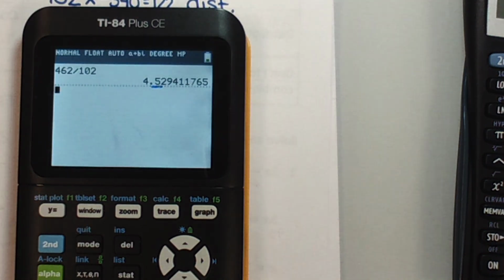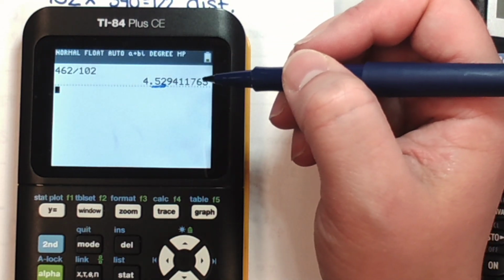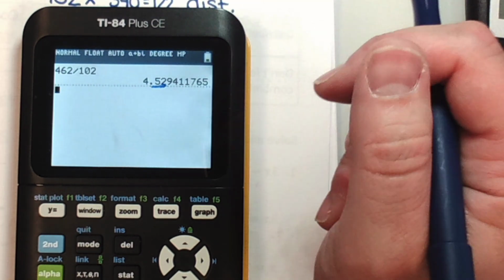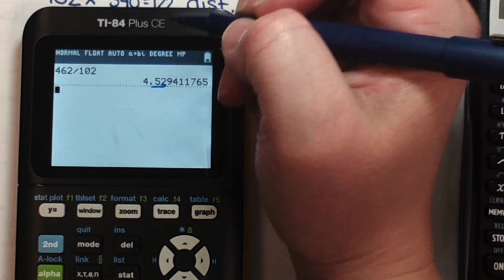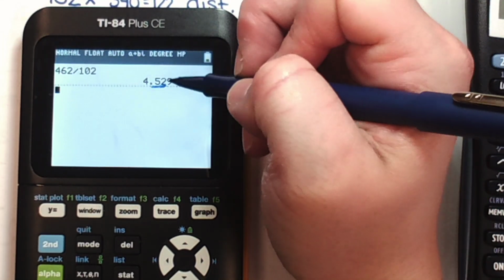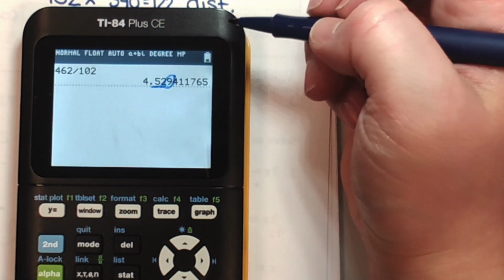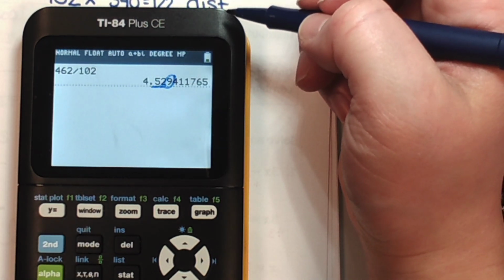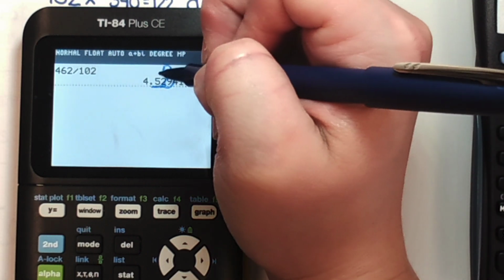If I want 2 decimal places, do I just chop it off and call it 4.52? When you're rounding, you always have to look one number further and say, is that number 5 or bigger? If so, the number before it increases by 1.